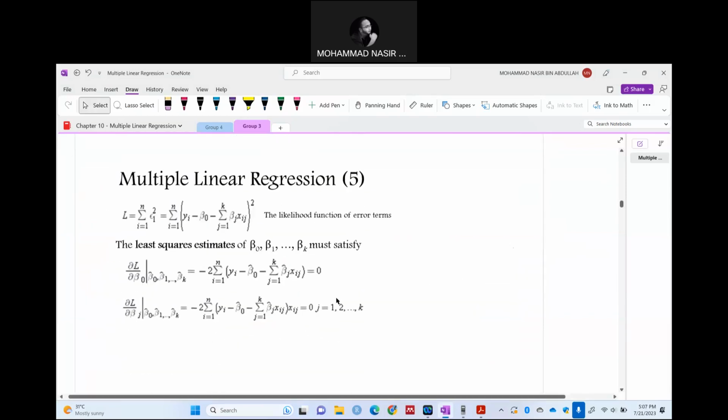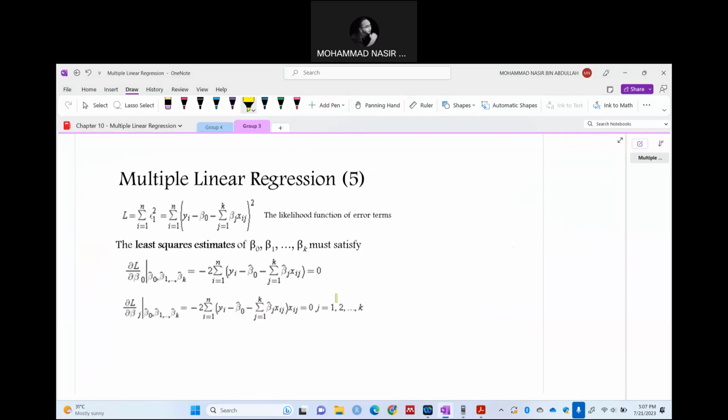This is the likelihood function of multiple linear regression. This is the likelihood of the error term. From the error term, we establish our regression equation. To get beta naught, beta 1 until beta k, we need to differentiate with respect to beta i and equate to 0.